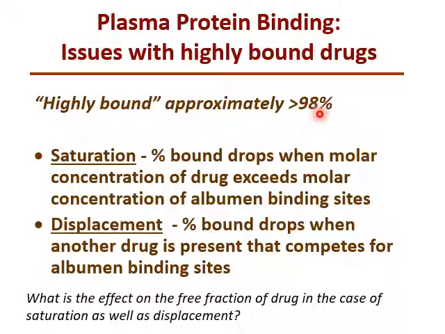That sounds like a small change, but the free fraction went from 2 to 4%. That's a double. So the actual therapeutic concentrations available to interact with the receptors doubled. That's a big deal. That's why with highly protein-bound drugs, we have to be careful, because displacement or saturation can have a major effect on free drug concentration.